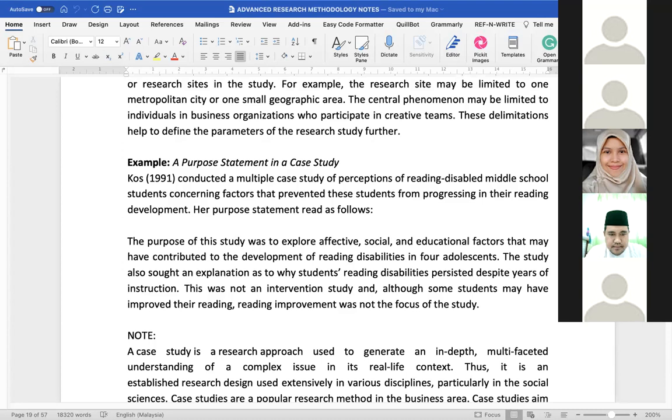Ustazah Hadijah, any questions? Can you introduce yourself, Ustazah Hadijah? Okay. Ustazah Hadijah is our new student, just joining our PhD program.